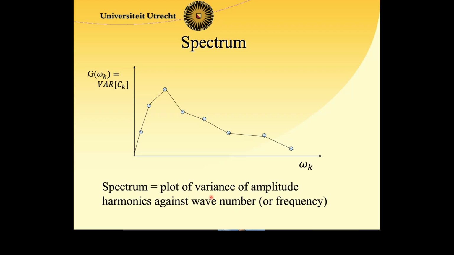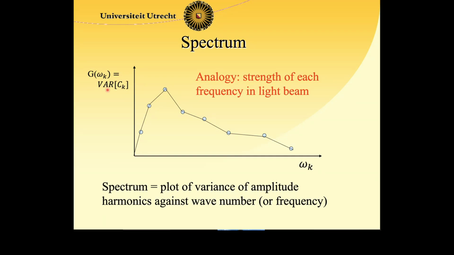Now this, of course, has an analogy with a light beam, because you can imagine that you can decompose light into different frequencies, and the relative abundance of each frequency in the total light signal or electromagnetic signal is, of course, the spectral signature of that electromagnetic signal, right? And this is the same. The relative abundance is measured by the variance of the amplitude.